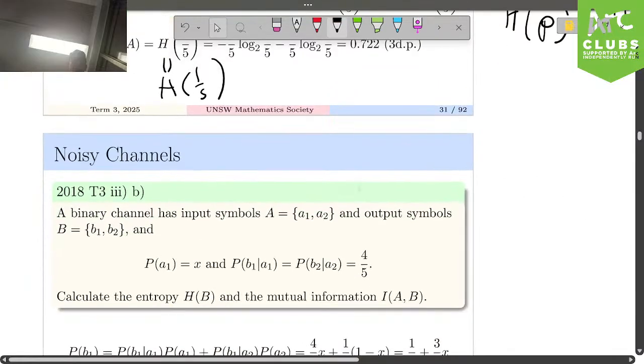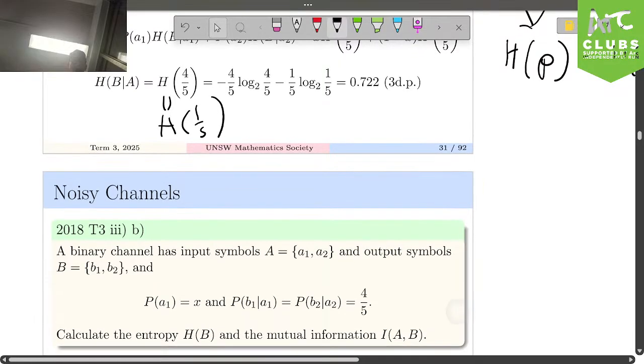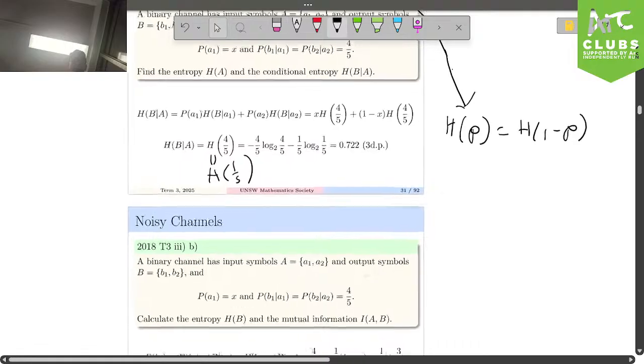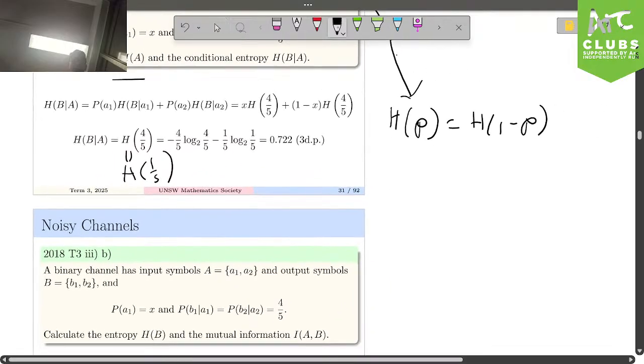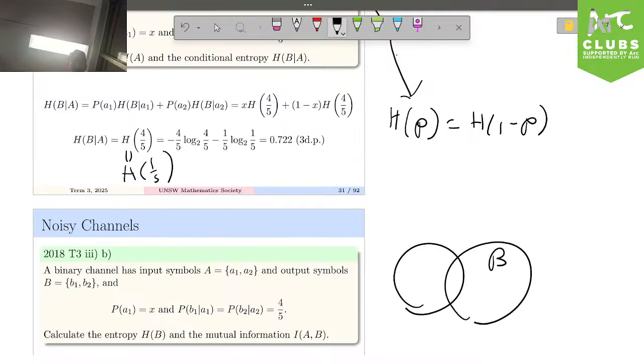So the next thing we want to do is to find H of B and the mutual information. Okay, so we know already H of A and we know H of B given A. So what we want in our diagram is this whole part here, H of B. We know H of A, this is A here, and we know H of B given A, so we know this part.